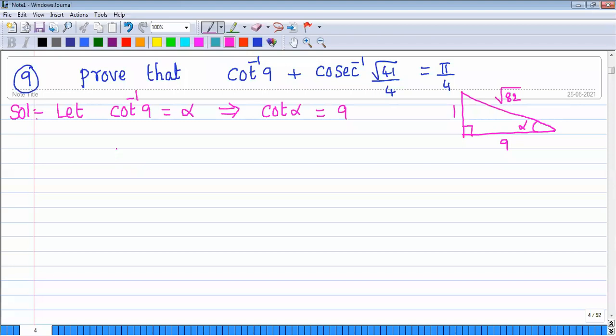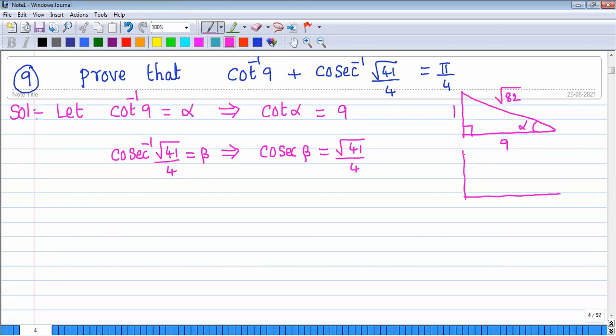Next, cosecant inverse root 41 upon 4 equals beta. Cosecant beta equals root 41 upon 4.